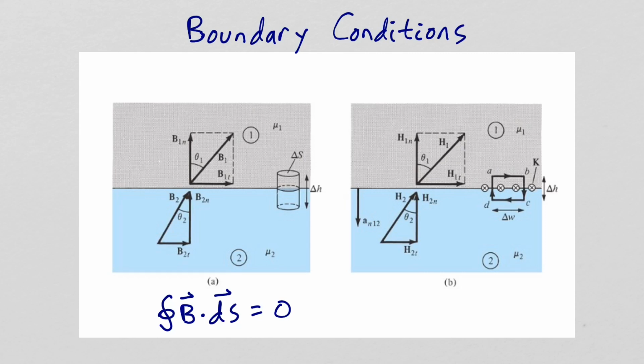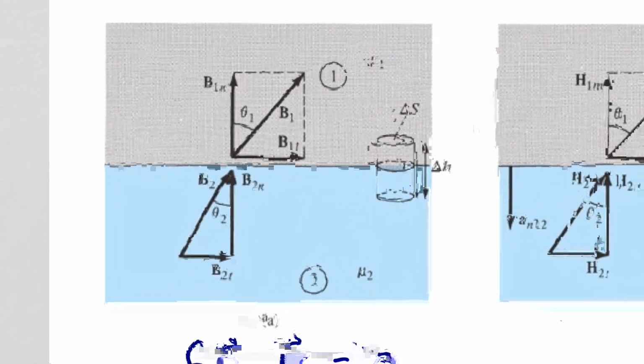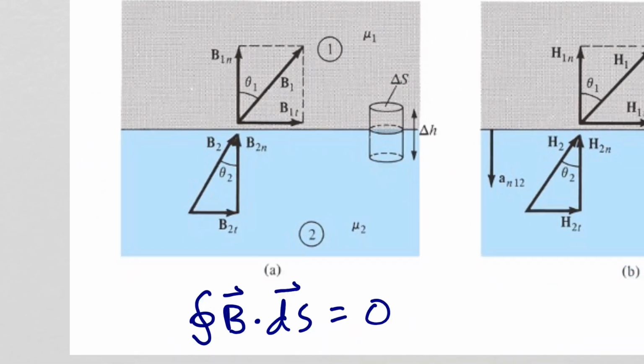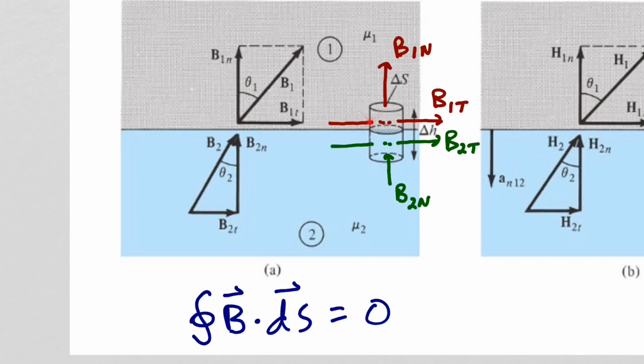To determine the condition on the normal component, we're going to apply the Maxwell equation: the integral of B dot dS is equal to 0. Our Gaussian surface will have this form. The tangential components go in and come out, so the integral of B dot dS around the sides of our cylinder will be 0.